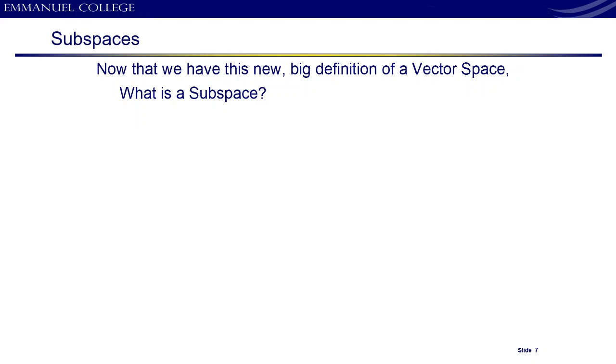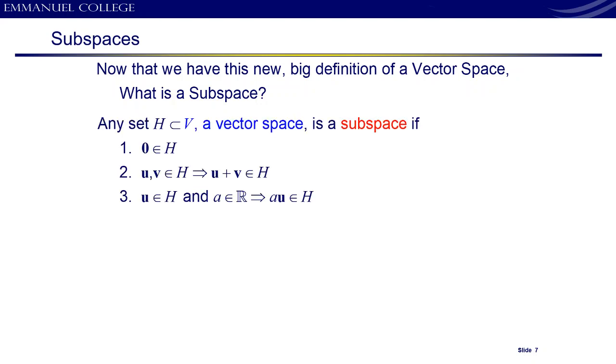So we can go back to a subspace idea. So think about a subspace as a very specific subset. It has a few rules. So a vector space can be a subspace if 0 is in there. If you add 2 vectors in the subspace together, you stay in that subspace.